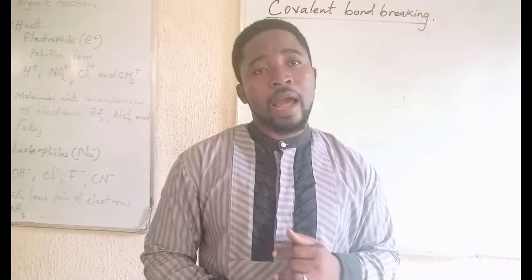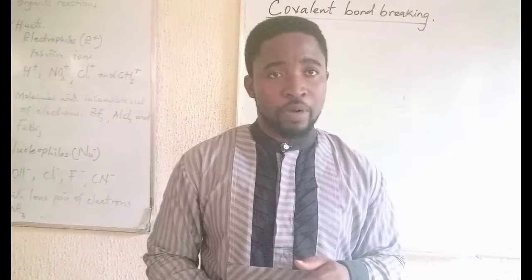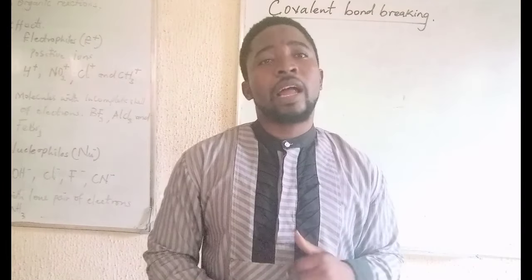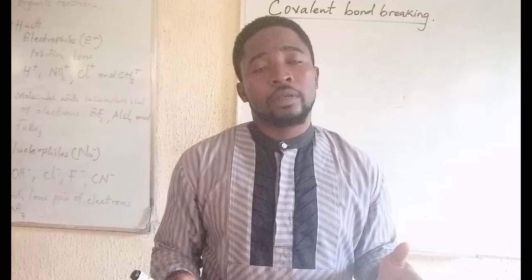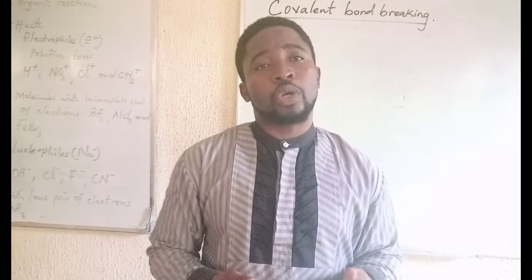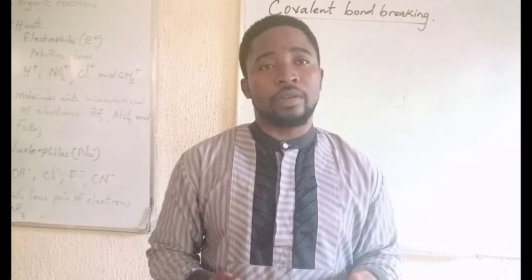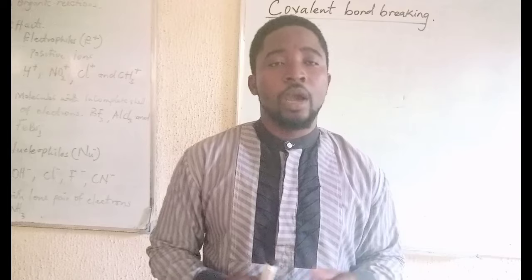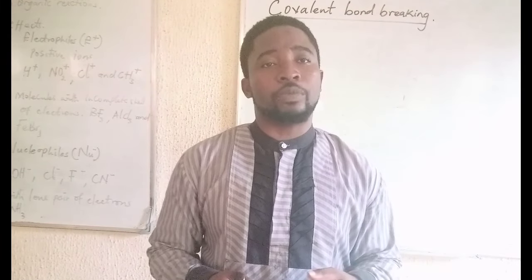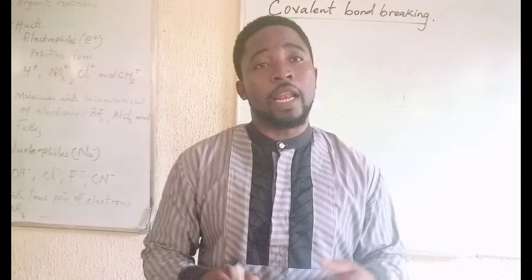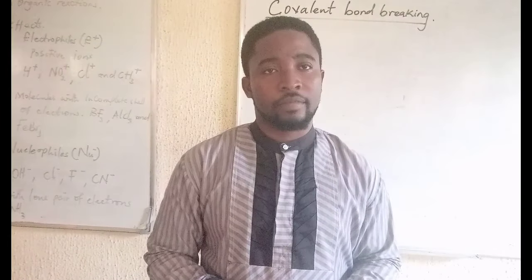Remember, we have polar covalent bonds and non-polar covalent bonds. Polar covalent bonds are formed between atoms of unequal electronegativities, while non-polar covalent bonds are formed between atoms of equal or almost equal electronegativities.